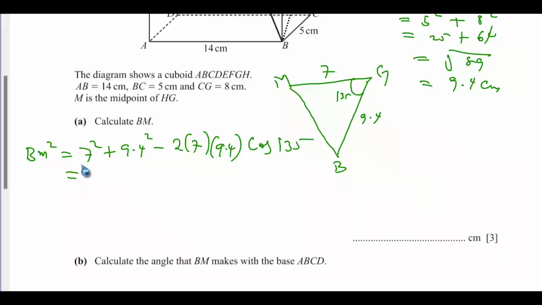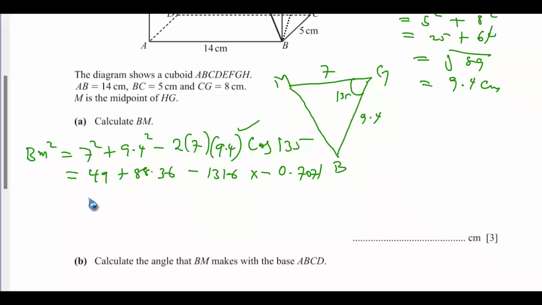So this will give you 49 plus 88.36, then minus 131.6, then times minus 0.7071. You could as well input this into your calculator and get the value straight away.